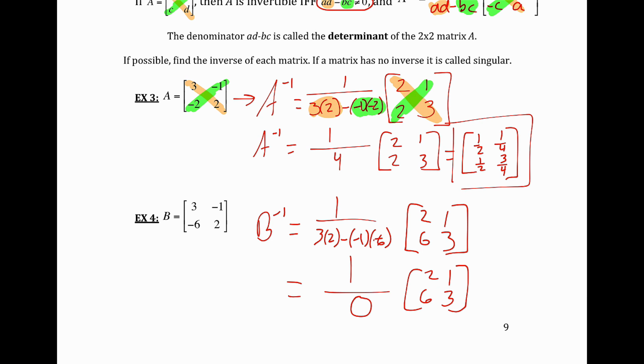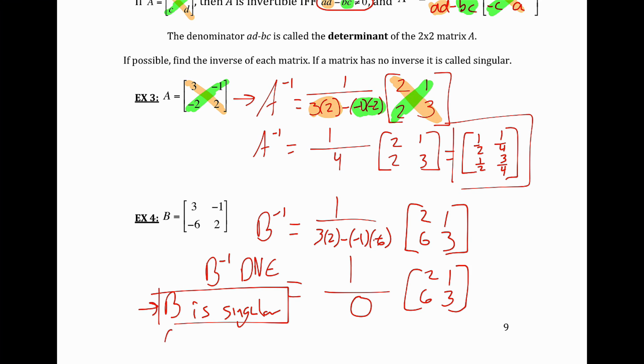So there is no inverse of this. So we're going to say B inverse does not exist, and therefore B is singular. And again, looking above to what we said earlier, that means it has no inverse. B inverse does not exist. B is singular.